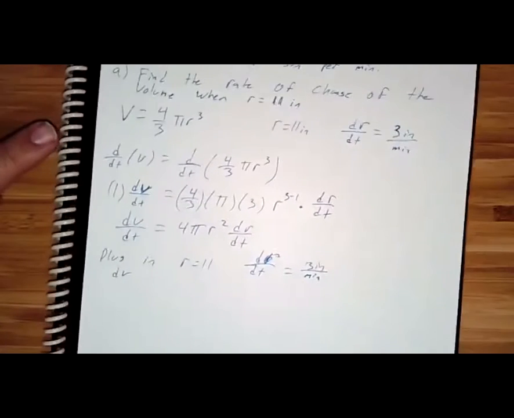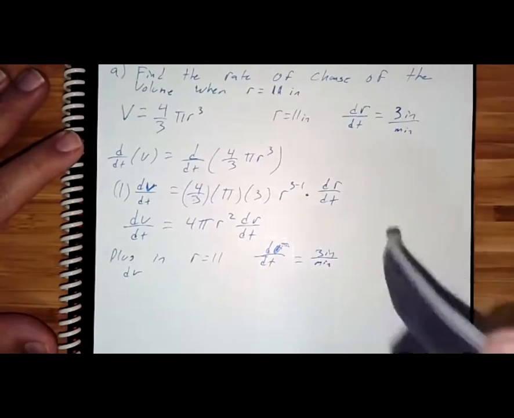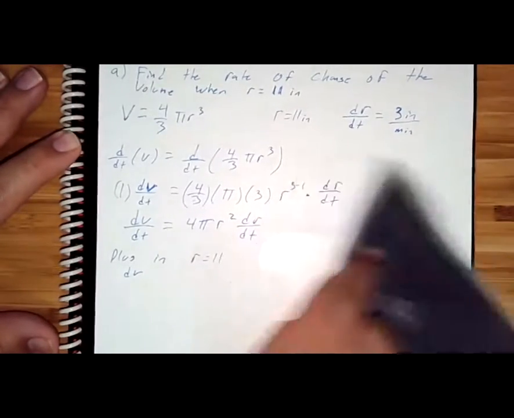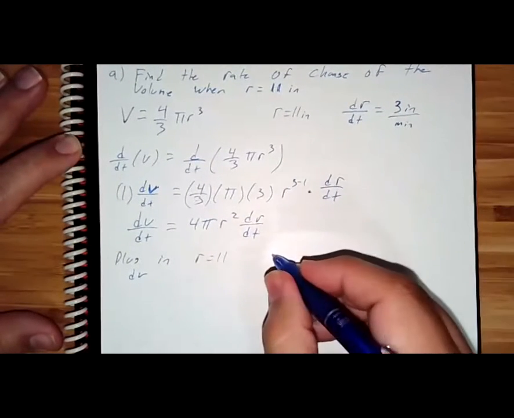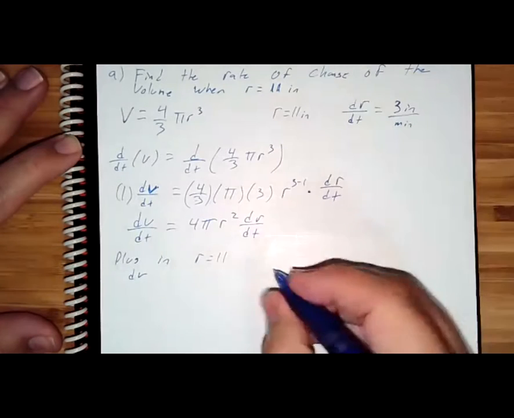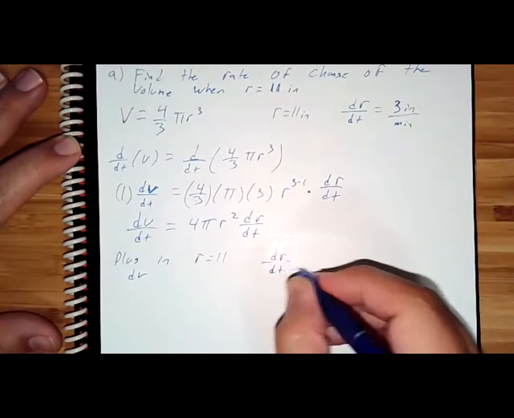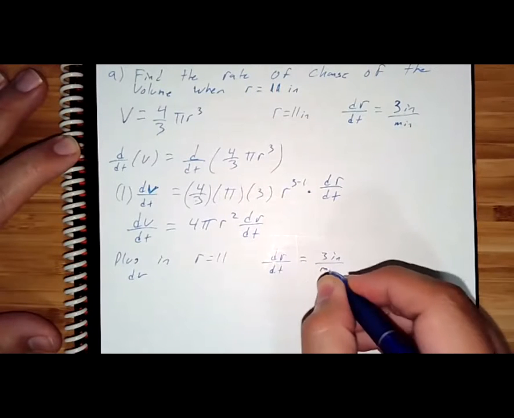Oh, yeah, sorry. Right, yeah, that looks good. dr/dt is 3 inches per minute.